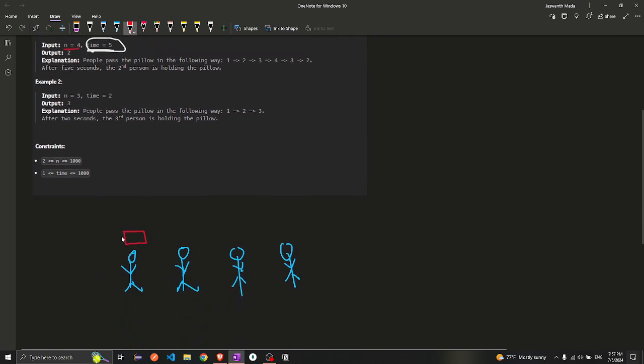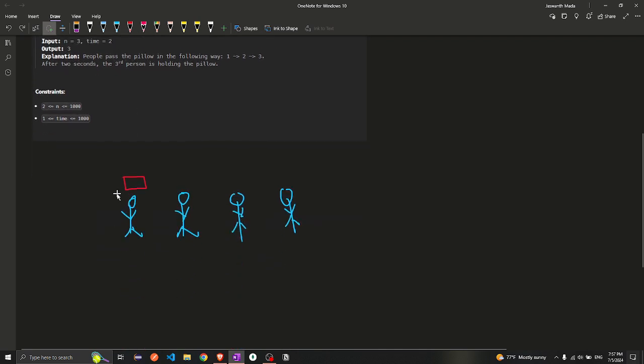So initially the pillow is at this guy, and at the next second he will pass it to this fellow, and then this guy passes the pillow to this guy, and this guy passes the pillow to this guy.